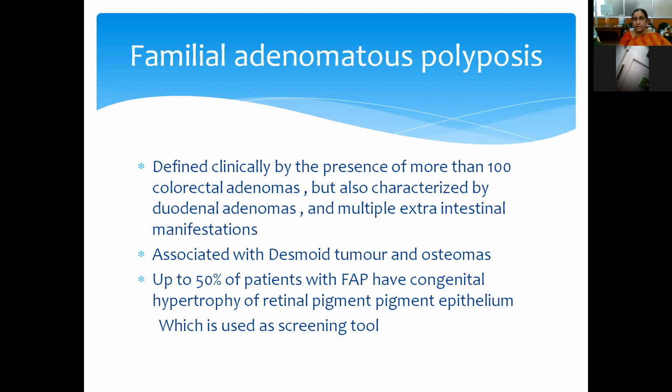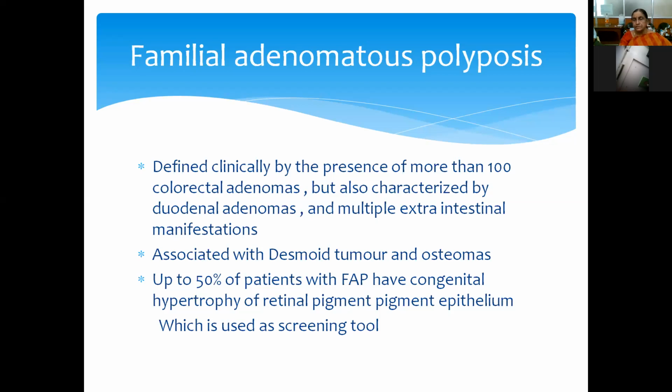So basically, familial adenomatous polyposis is diagnosed when a person has more than 100 colorectal adenomas. That is a basic thing. These extraintestinal manifestations usually may be a desmoid tumor or osteoma.